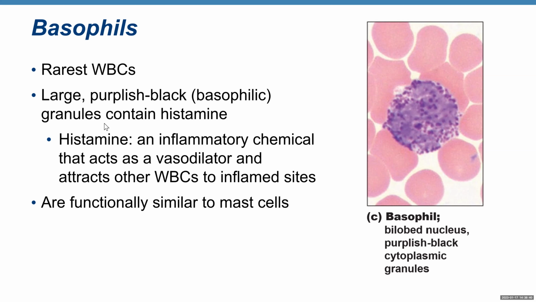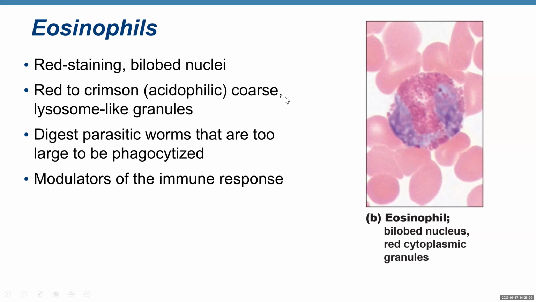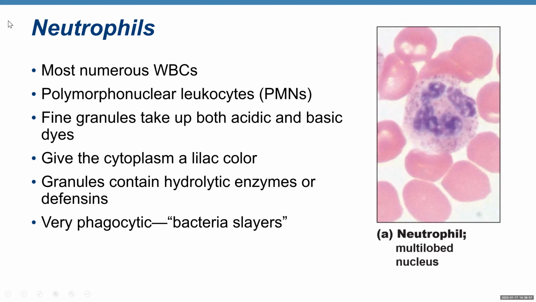Now, this name basophil is because it picks up basic dye, and eosinophil picks up acidic dye, so that became red. And neutrophils pick up both acidic and basic dyes.